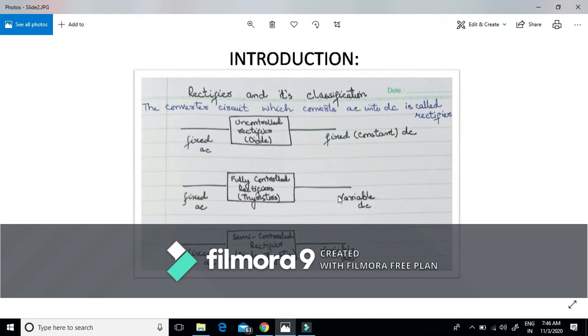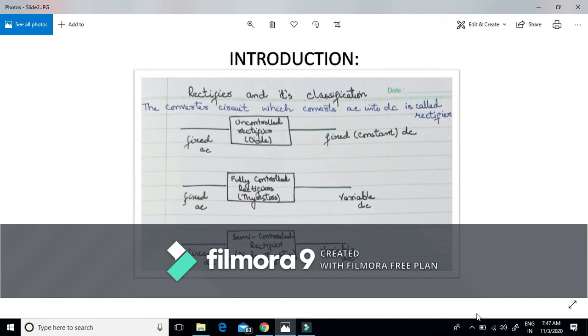The process where power flows from the DC side to the AC side is called inversion, and the converter operating under this condition is called an inverter. Or we can say, with the help of this fully controlled rectifier, both rectification as well as inversion is possible.